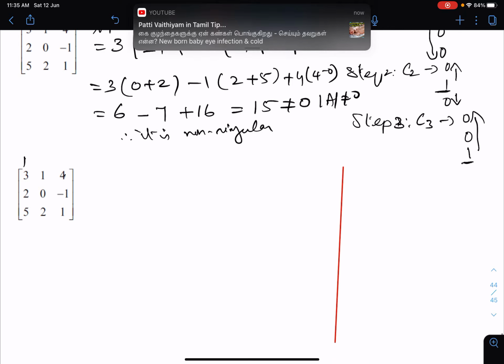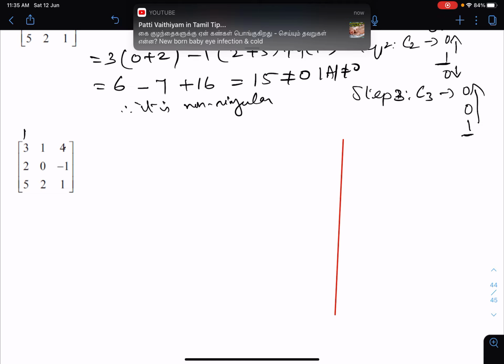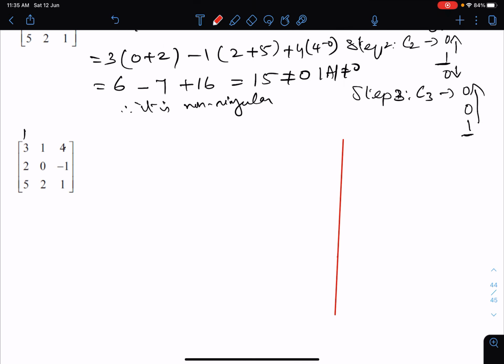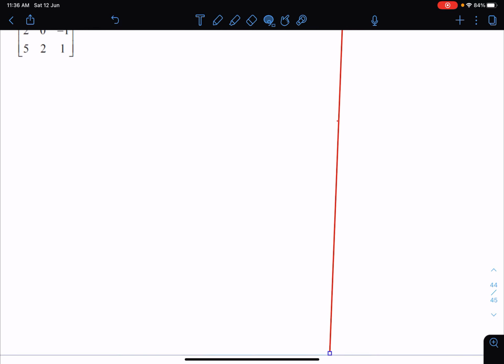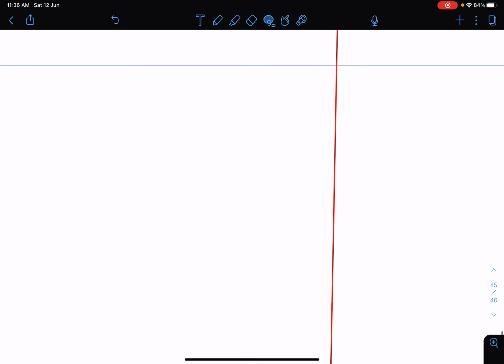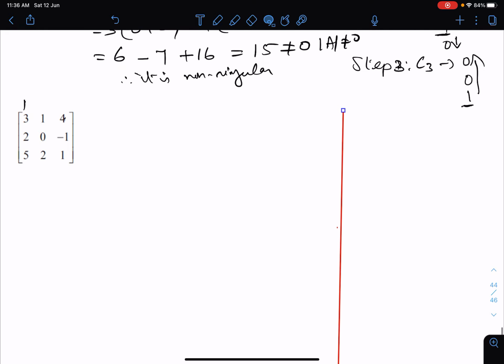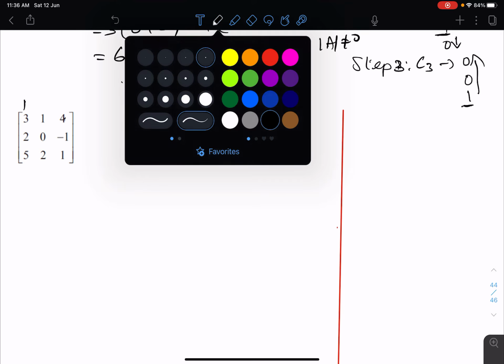This is going to be our rough work. Now we will continue with our problem.